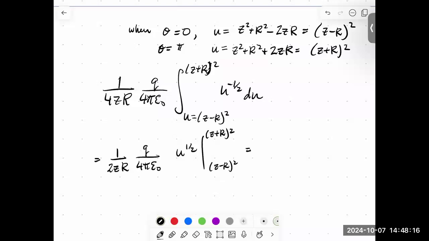So 1 over 2zr q over 4 pi epsilon naught, and it's going to be z plus r, because we're going to take the square root, minus z minus r.